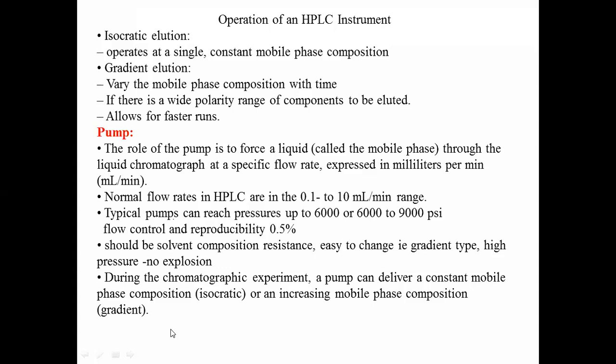Generally, the pumps used in the HPLC system generate pressure from 6,000 to 9,000 psi. Flow control and reproducibility is about 0.5%. The reproducibility of the pump system is 0.5%, which creates the pressure up to 6,000 to 9,000 psi, pounds per square inch.